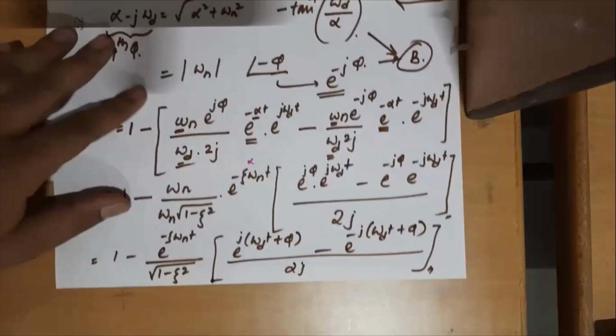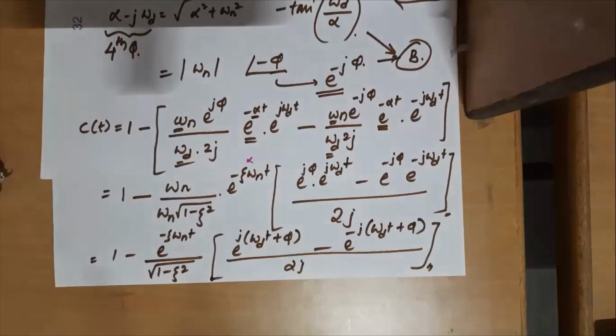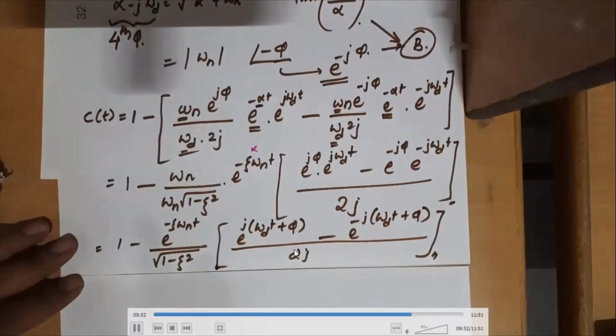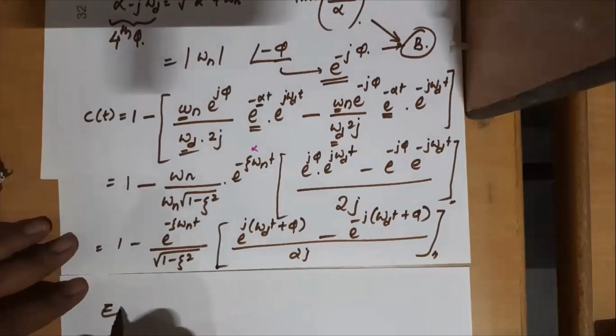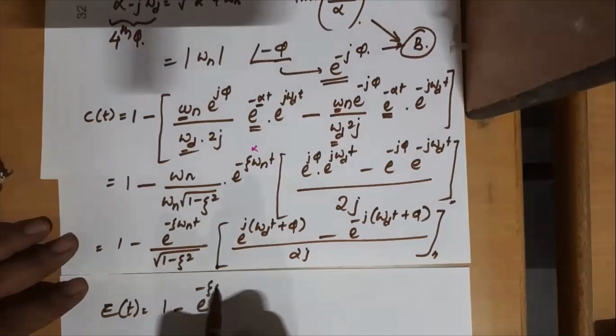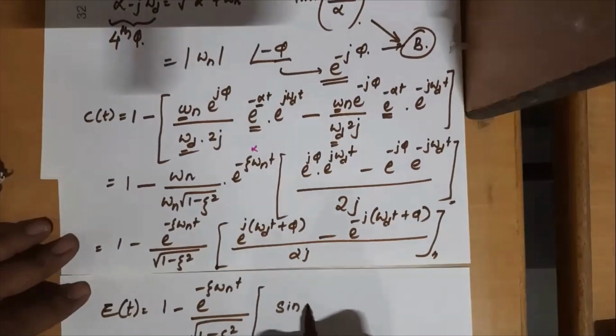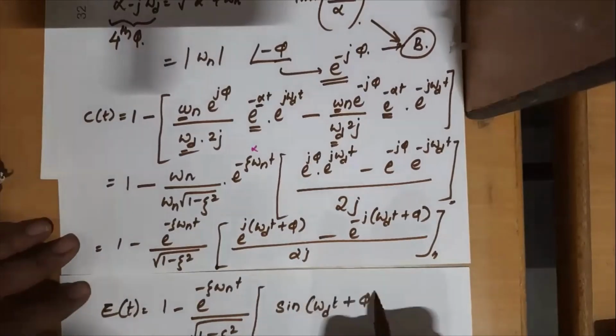So now it will make some sense. I mean, this expression you might have already encountered in mathematics. So it is e raised to minus zeta omega n t divided by square root of 1 minus zeta square. So what is this expression? It is sine of omega dt plus phi. Okay.